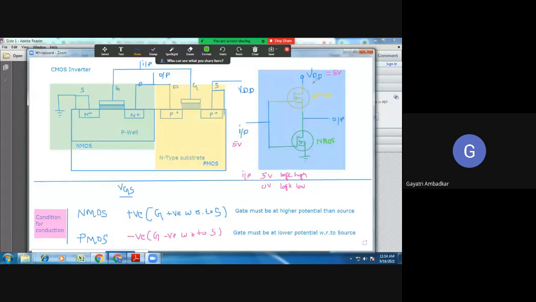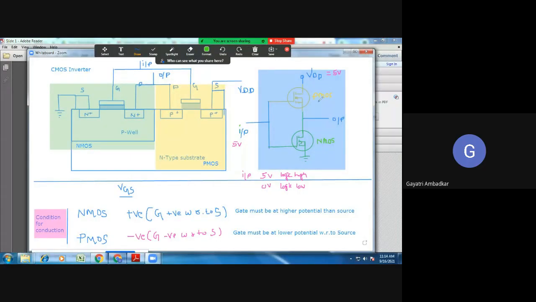Look at PMOS. Gate must be at lower potential with respect to source. Source is at 5 and gate is also at 5. Both are at equal potential, so potential difference is 0. So this PMOS will not conduct.